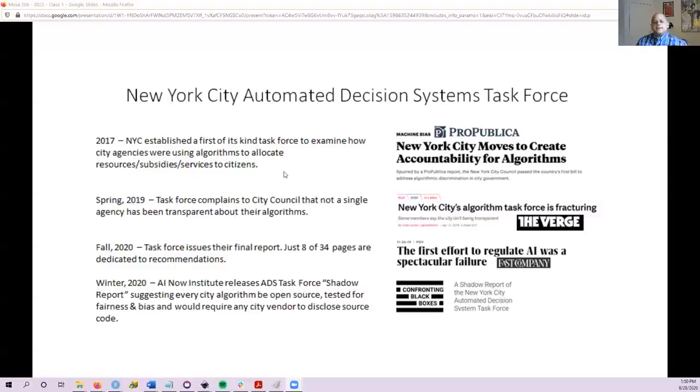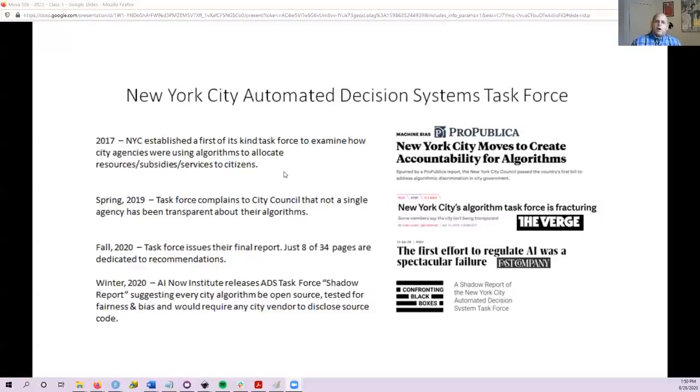And not just like putting points on a map, not just using Excel and PDFs, but specifically using data to guide decision making. And they've been doing this enough across enough agencies that it was decided that they needed to know or understand how these agencies were using data to make decisions. So they established the first of its kind anywhere in the US, an algorithmic decision-making task force.